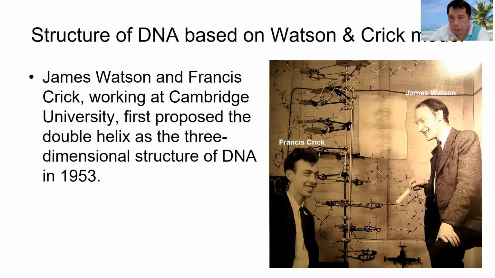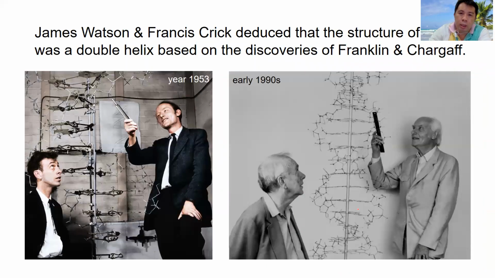This is the model they proposed, and they won the Nobel Prize. Actually, Watson and Crick combined the work and discoveries of Rosalind Franklin and Erwin Chargaff to deduce the structure of their DNA model.